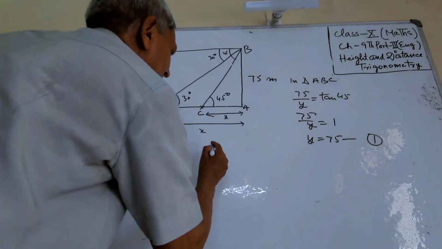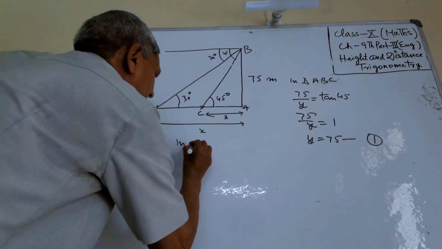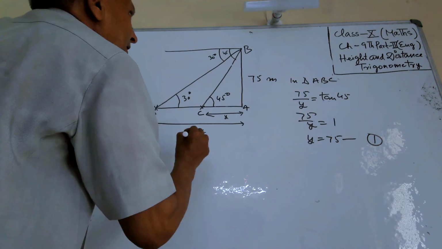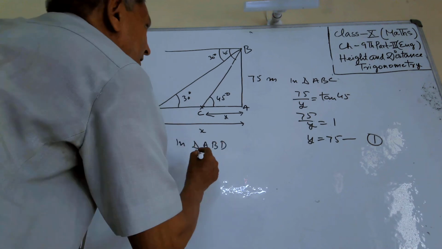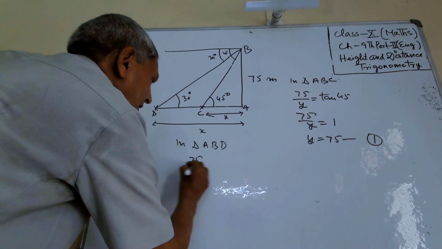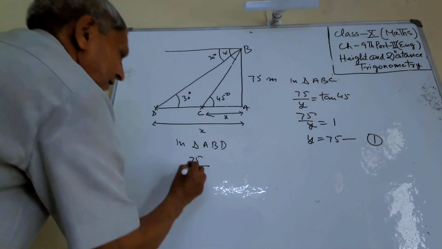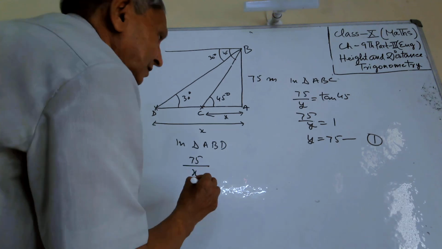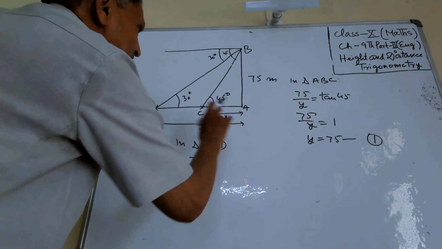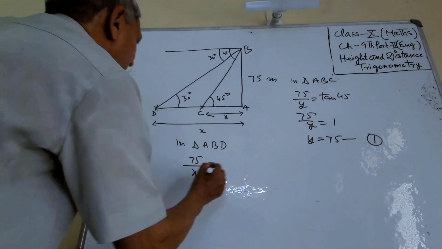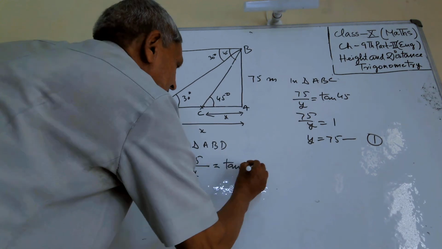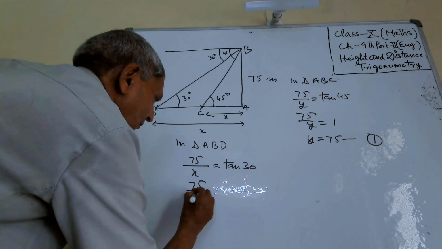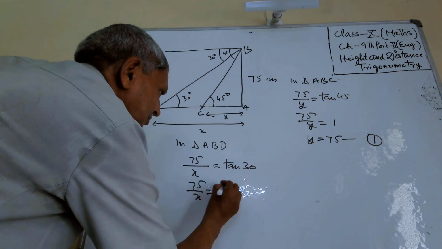In triangle ABD, here 75 upon the whole length x is equal to tan 30. 75 upon x is equal to 1 by root 3.